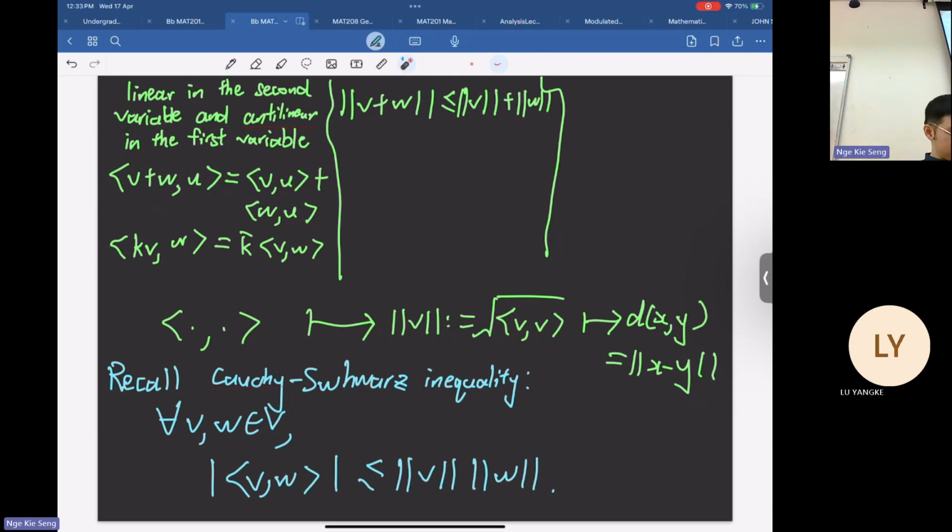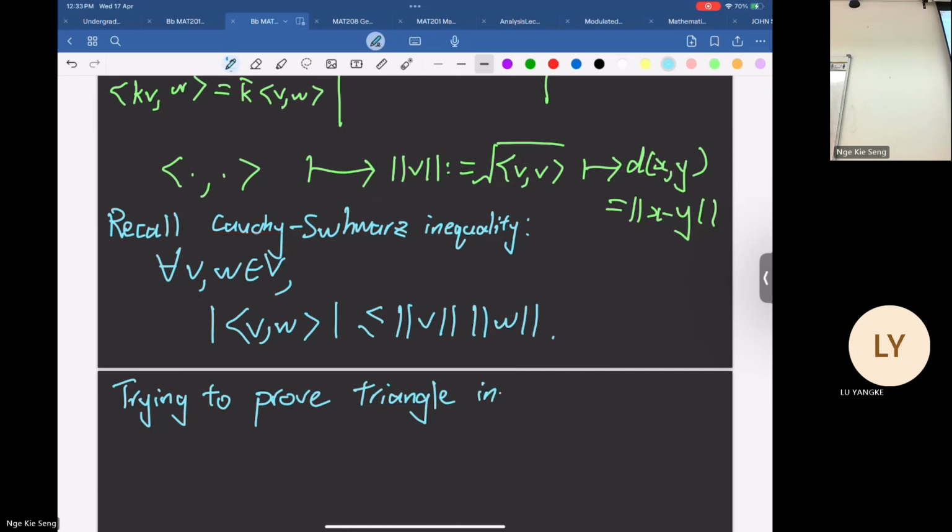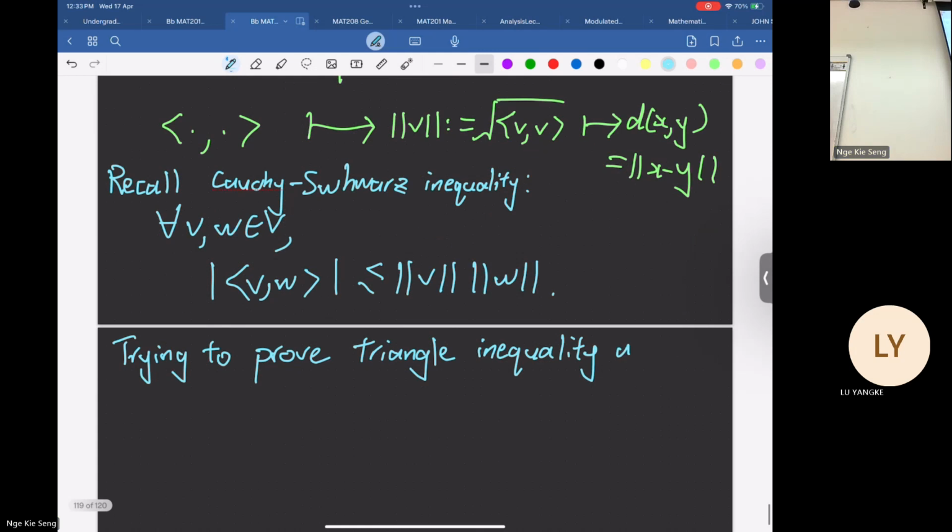Should we prove this? Let's prove it. So how do we go from here to the triangle inequality? We are trying to prove the triangle inequality in the norm. What can we do?